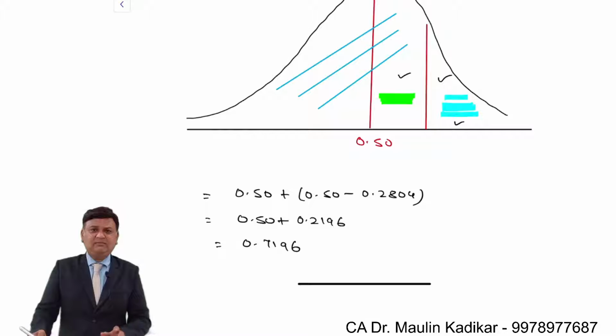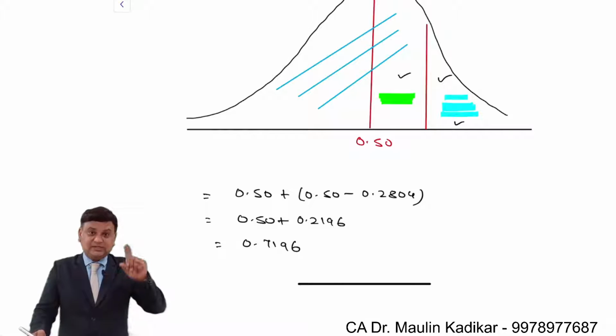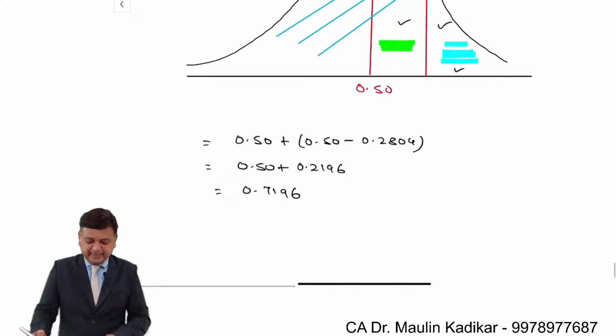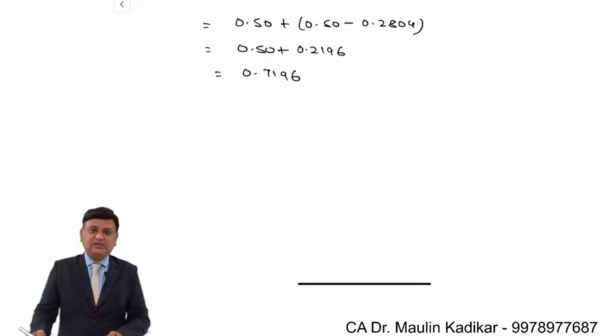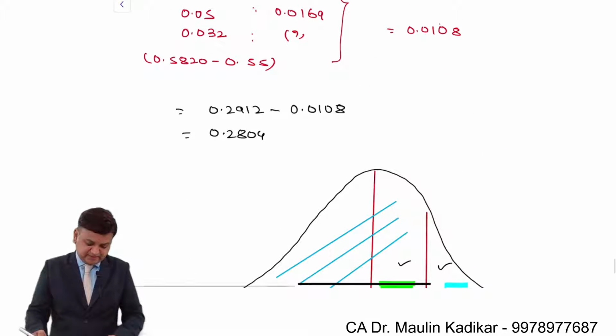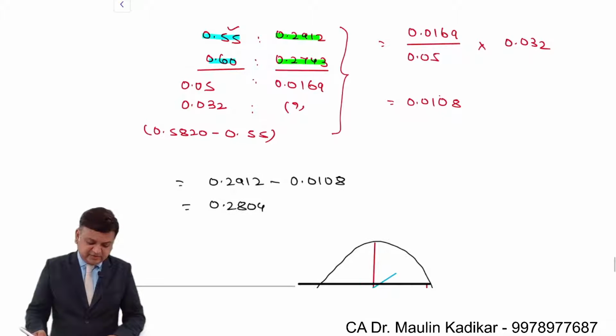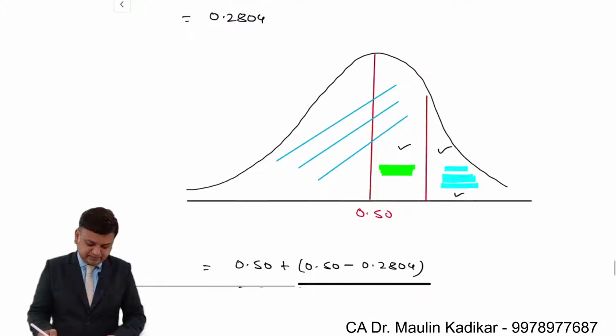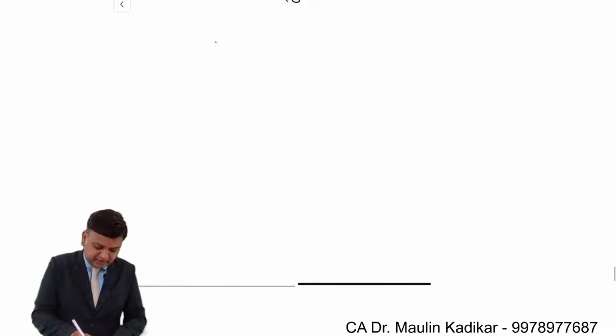Okay. Now, of course, the question is over, that is, this working is over. Yet I want to give you an explanation like this. Suppose in a normal situation, we are having the reading. Then how will we have the reading? Let us discuss that. See, the value is 0.5820. So it is between 0.58 and 0.59.